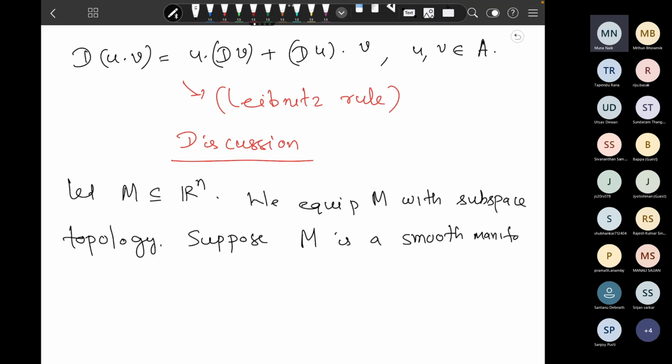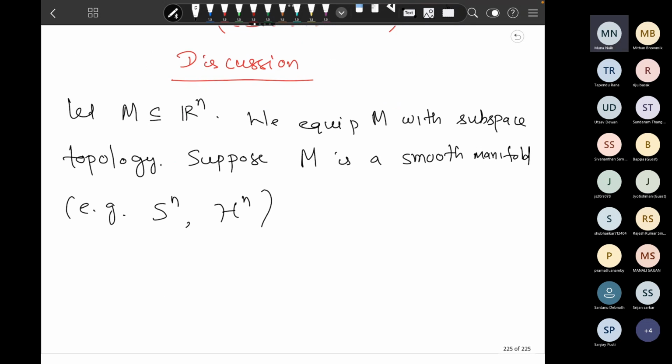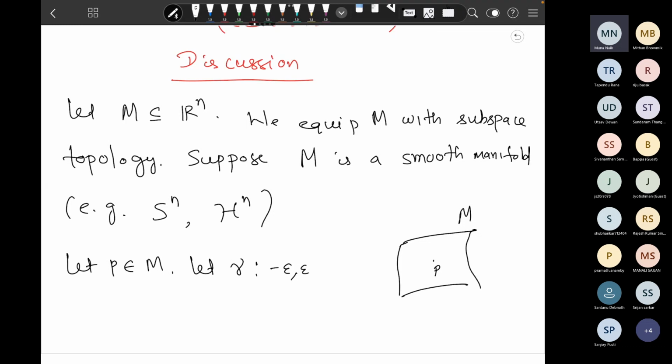For instance, you can take, for example, S^n or H^n. Let p belong to M. Let us draw a picture: something like this is M, and this is my p. Let gamma from (-epsilon, epsilon) to M be a smooth curve with gamma(0) equal to p.